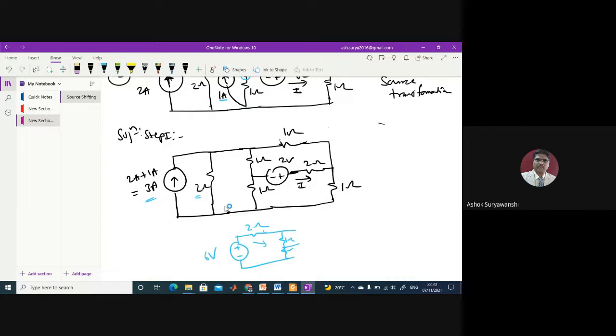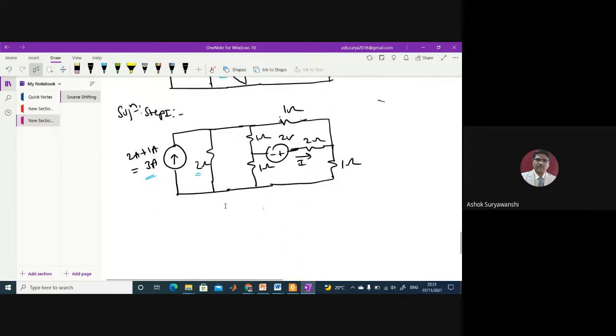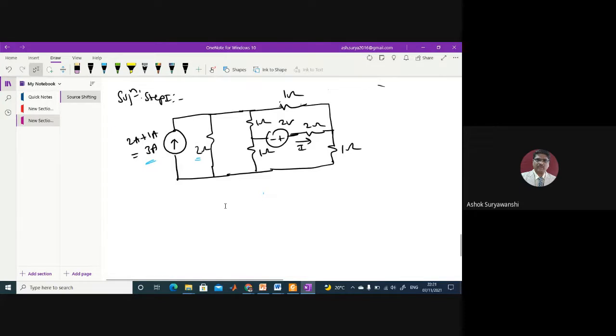So what solution is there? The solution is that you need to understand the basic circuit simplification techniques, another basic technique which you have studied in BEE in the first year. You can see this 2 ohm resistor, this 1 ohm resistor, and this 1 ohm resistor.